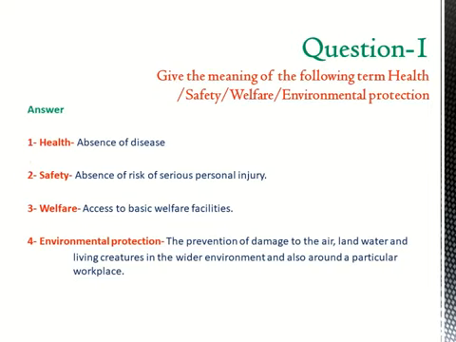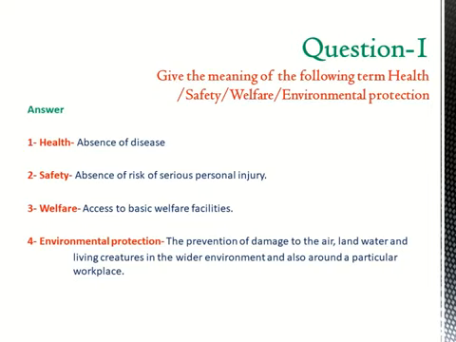This answer has been taken from the RRC book, so this is a very proper answer. If you write your answer from any other book, from other writers, maybe NEBOSH will not entertain that answer. What is the meaning of welfare? Access to basic welfare facilities like hand wash facilities, canteen, sanitation, restrooms and so on.